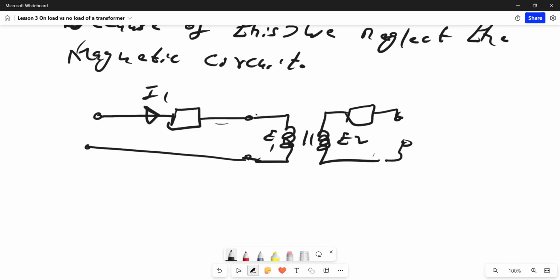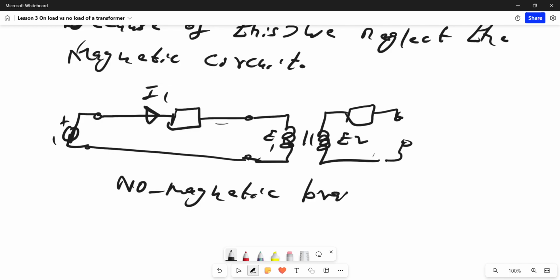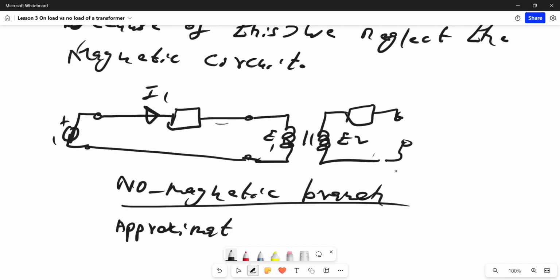So the third circuit is going to look like this. This is the simplest circuit because there's no magnetic branch. This is what we call the approximate equivalent circuit.